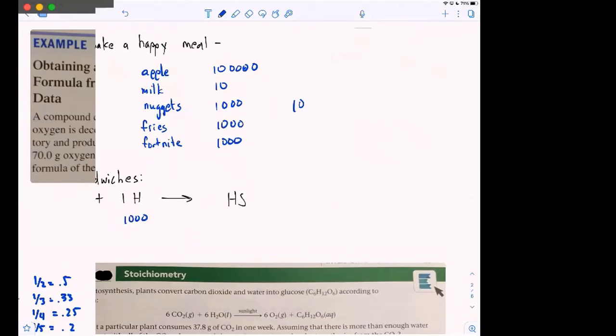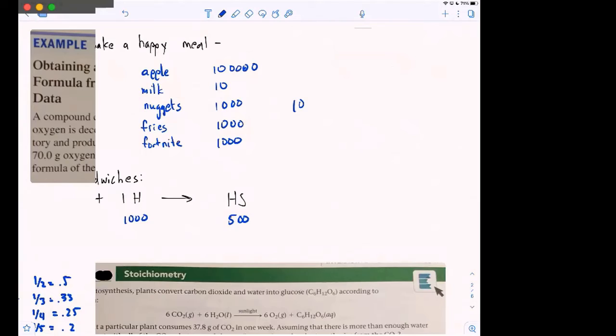How many ham sandwiches can I make? 500 ham sandwiches, right? Because I need 2 pieces of bread, and I'm miming this, Zoomers, I'm miming my hands as pieces of bread with my Apple Pencil case to make the ham sandwiches, right? So I have a 2-to-1 stoichiometric ratio of bread to ham.